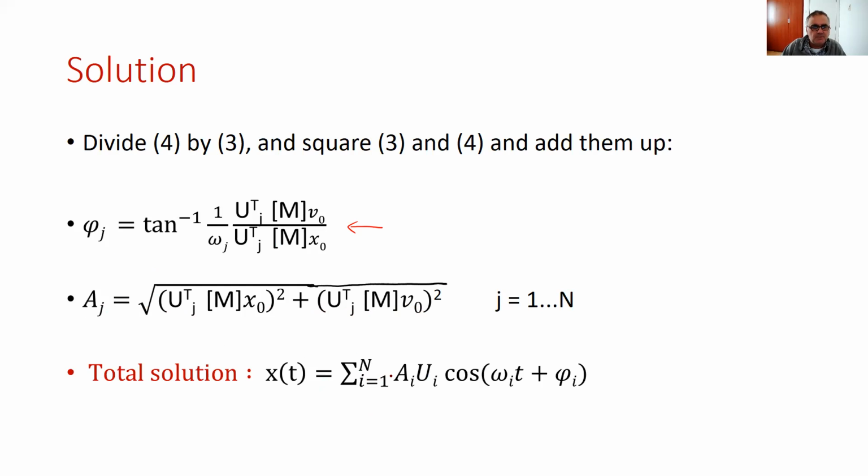And once you solve for the coefficients, the solution is very simply x of t equals Aj uj cosine omega t plus the phase angle phi. Okay, this is the generalization of the free vibrations we did for the second order systems.